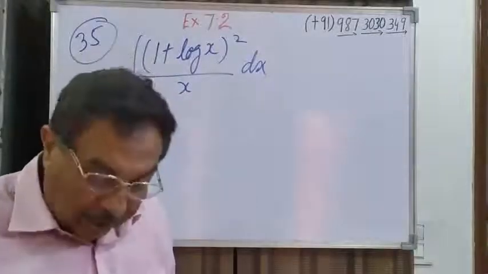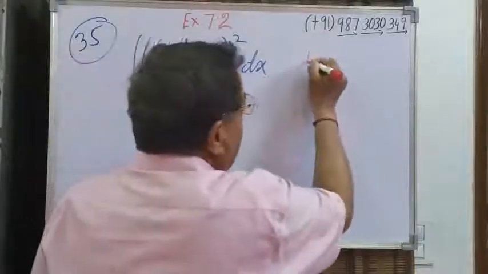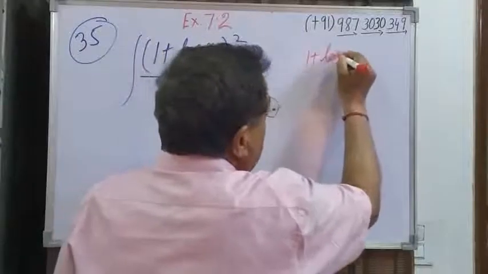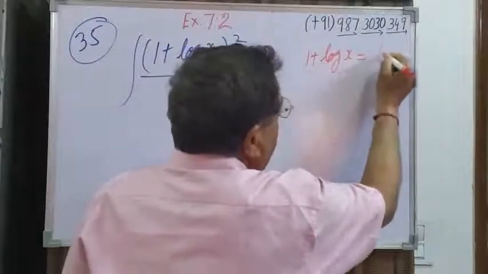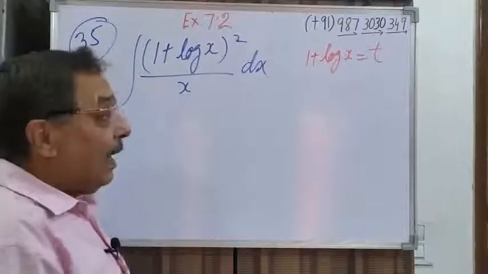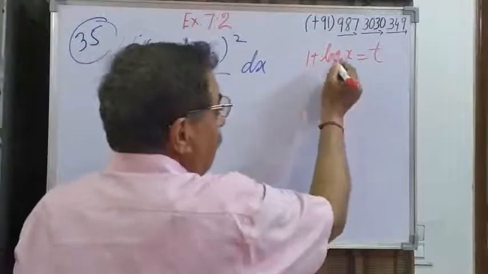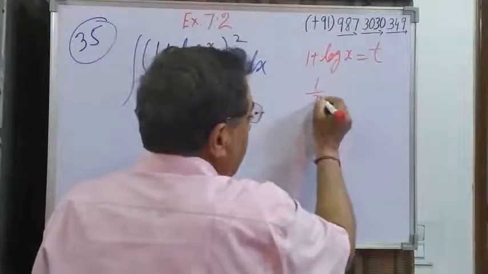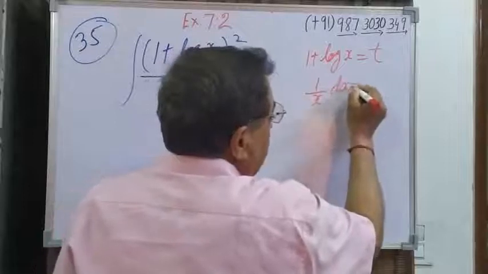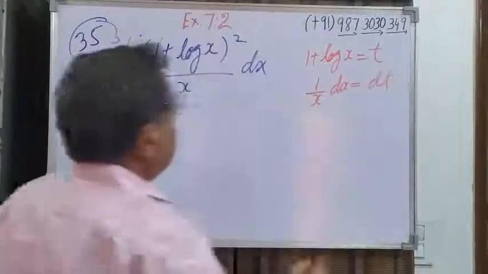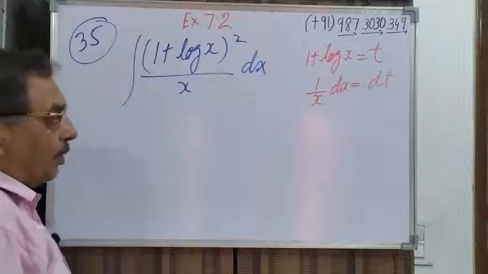Again, if we observe carefully, 1 plus log x seems to be a function. Let's take it as t. The derivative of 1 is 0, and of log x we get 1 by x, so dx by x is equal to dt. So now what do we observe?